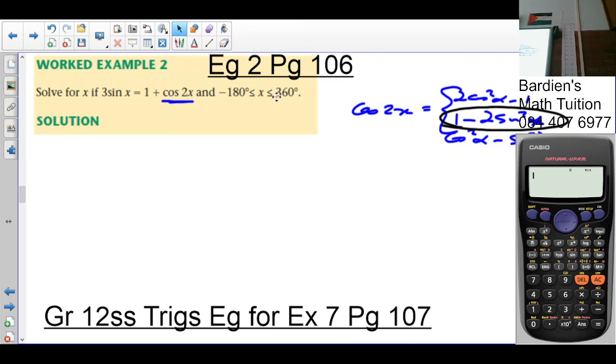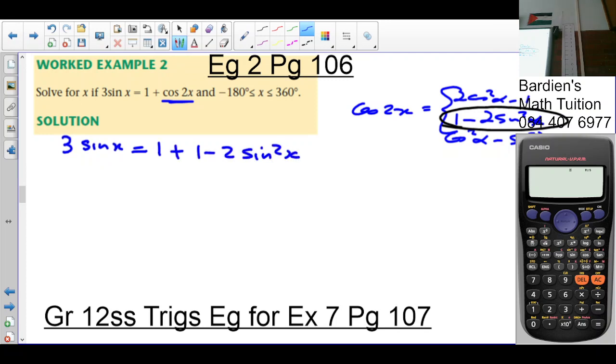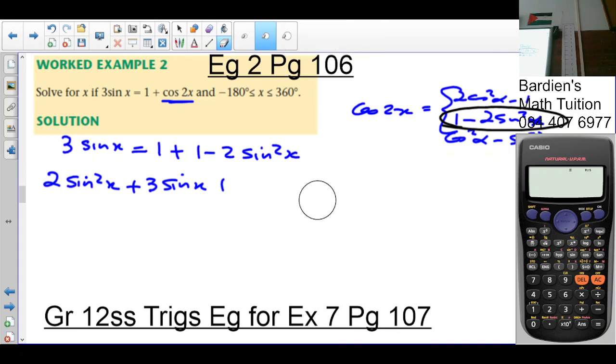Alright, so that's simply going to read 3 sine x equals 1 plus 1 minus 2 sine squared x. Alright, so we take everything to one side because that's a trinomial. So it's 2 sine squared x plus 3 sine x minus 2 equals 0.